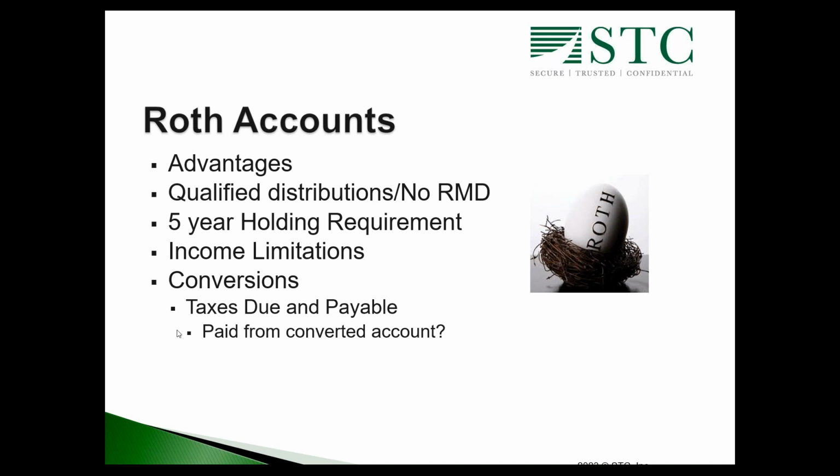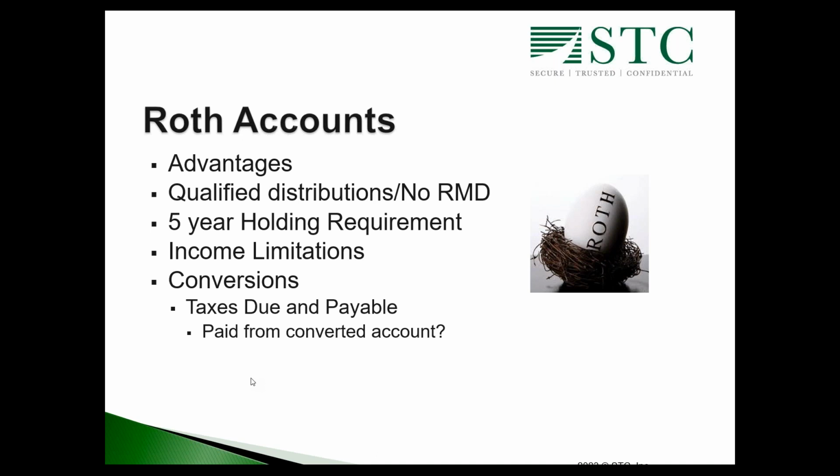As I mentioned, if you convert monies from a traditional, say, to a Roth, there will be taxes due and payable. If those taxes are paid from the converted account, then that will be viewed as a distribution.